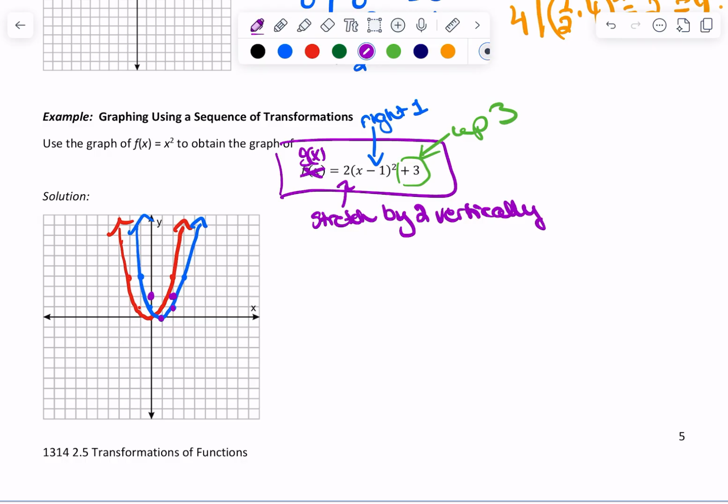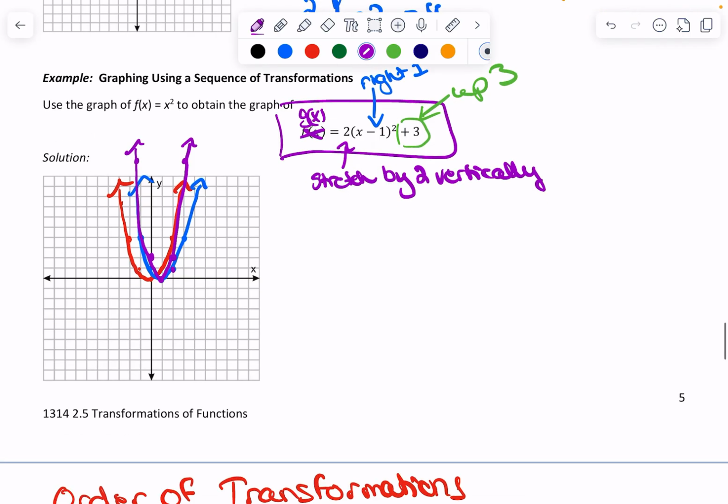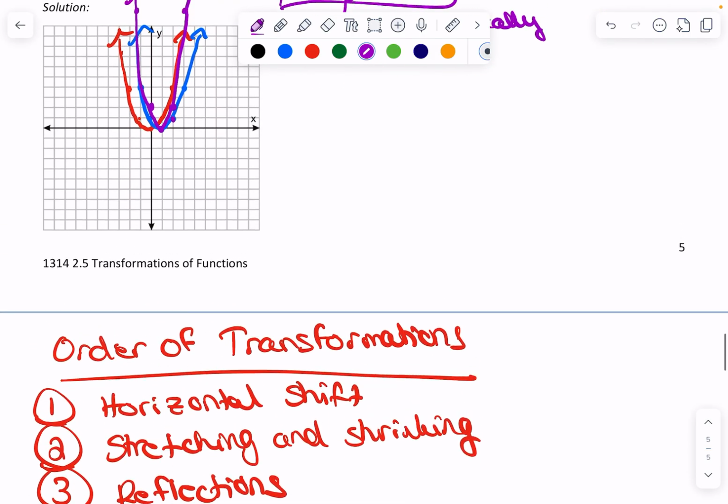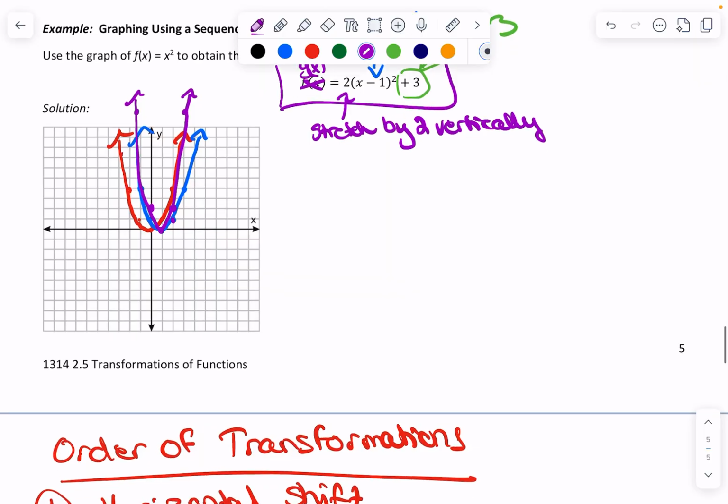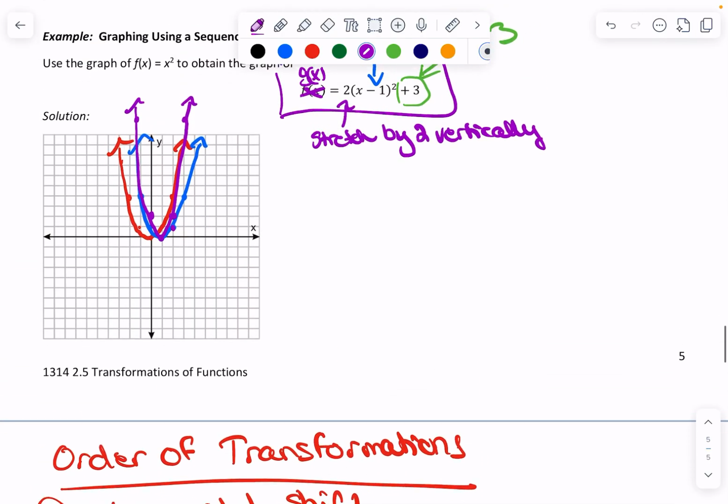This one is going to go up, I guess we'll be out of the graph, because that's going to be an 8, because 4 times 2 is 8. So this is kind of what it looks like after the stretch. And then we don't have any reflections, we don't have any negatives here. And we're going to vertically shift up 3.